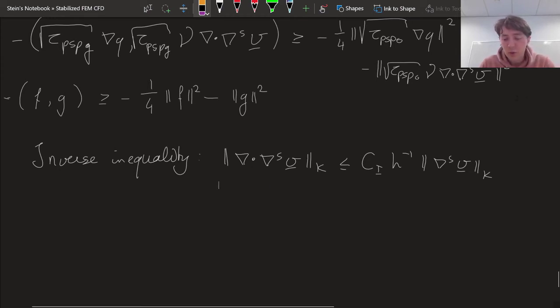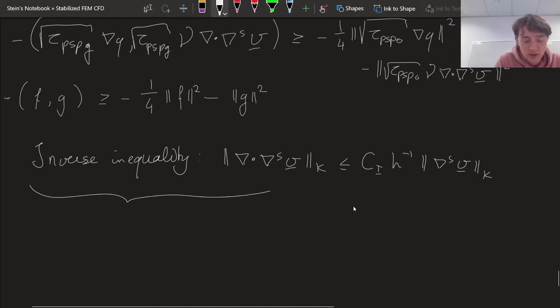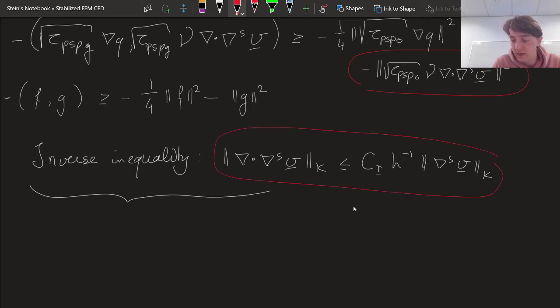So we use this inequality to replace this term. Well, what do we end up with? That's going to say that this term, this guy, together give me something that is bound from below, right?